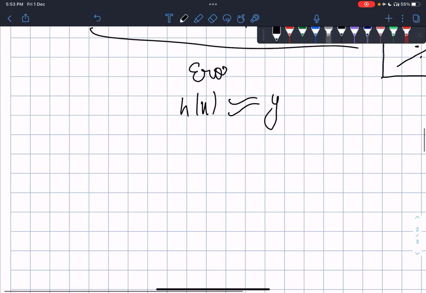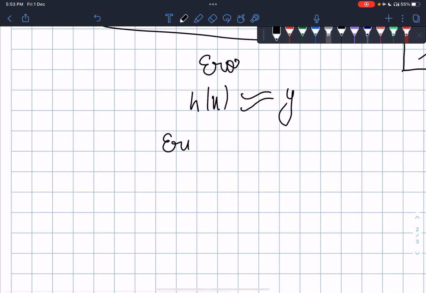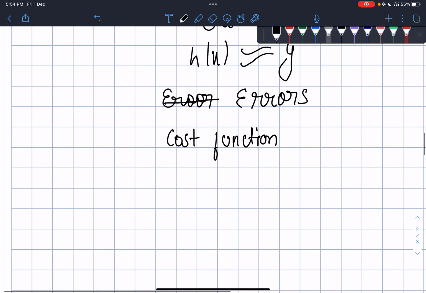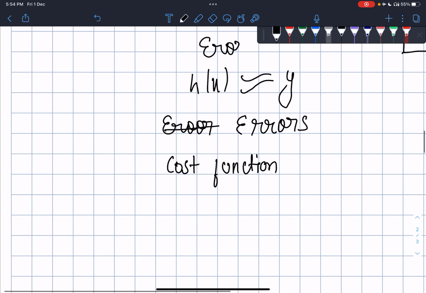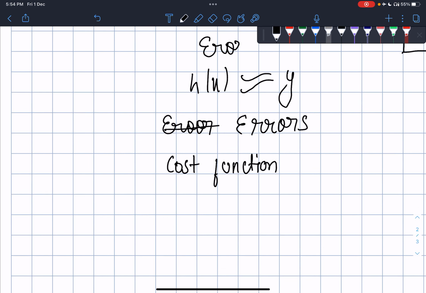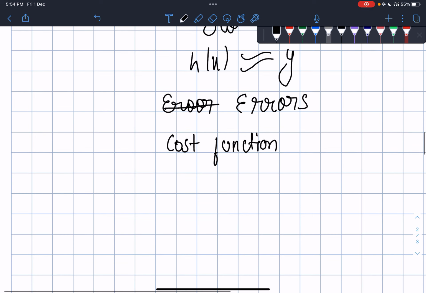Now we have to take care of the errors also. So we have a function called the cost function, which cares only about the errors. How will you get the error? You subtract y from the predicted value, which is h of x.